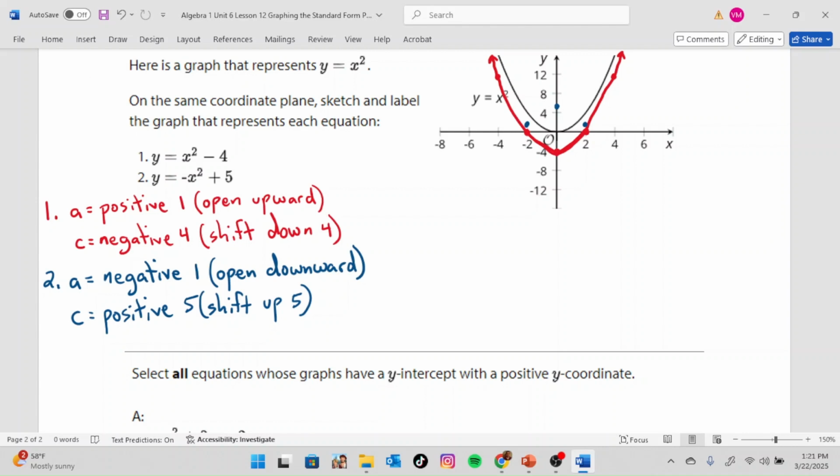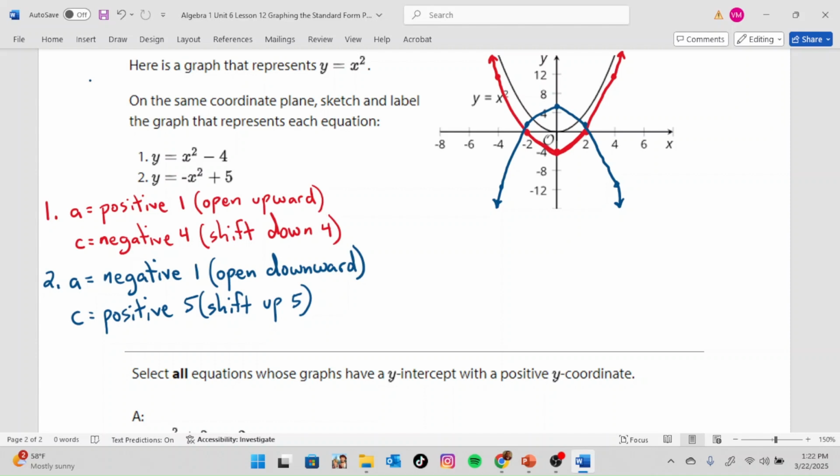Now we have -16 plus 5, which is -11. So we're at 4, -11, and we're at -4, -11. Now we can connect our points, and now we have the graph for number 2.